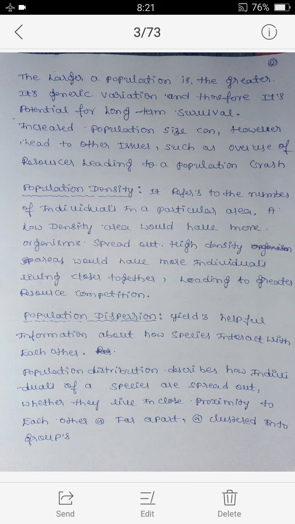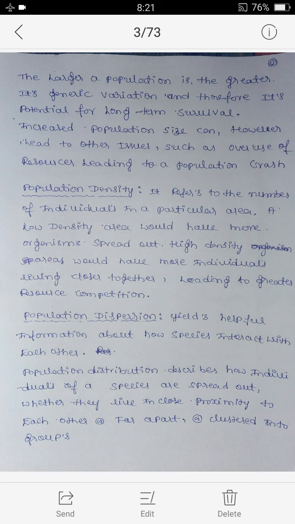The larger a population is, the greater its genetic variation and therefore its potential for long term survival. Increased population size can, however, lead to other issues such as overuse of resources leading to a population crash.